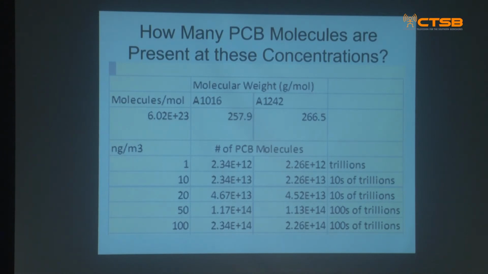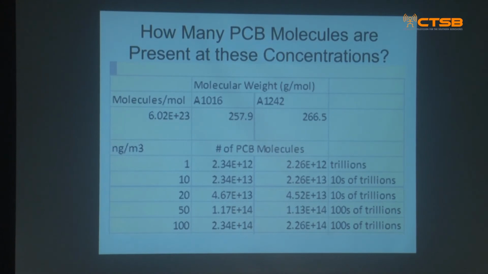Now remember, the background level in remote areas is about 1/10 of a nanogram. So divide that by 10. That's the amount of PCB molecules in the air in the most remote place you can go to. And then as you go up to higher PCB concentrations, take 20 nanograms per cubic meter, you have trillions of molecules of PCBs in the air.